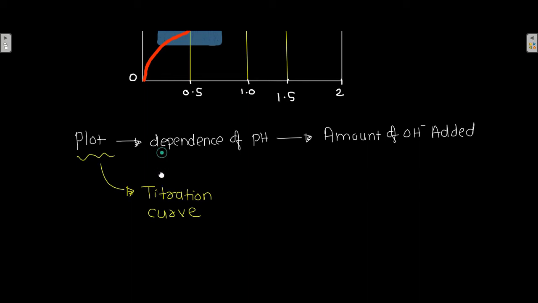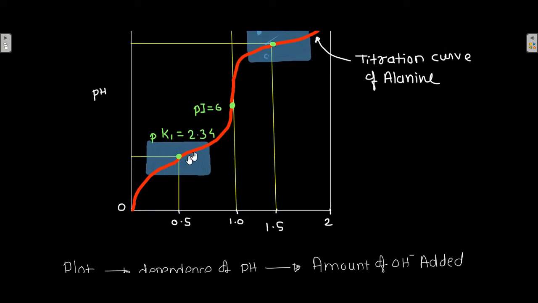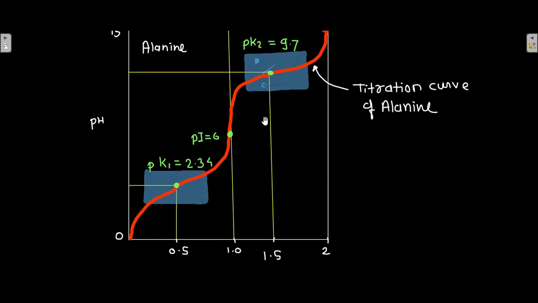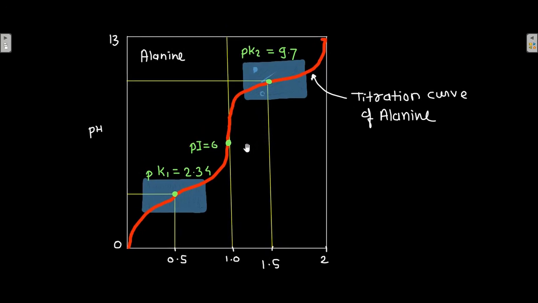This axis shows the OH- equivalents and this axis shows the pH. So as the concentration of OH- increases, the pH also increases.